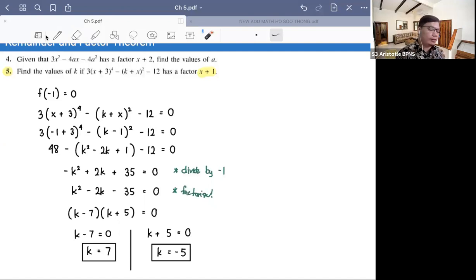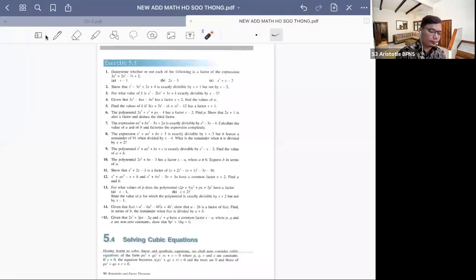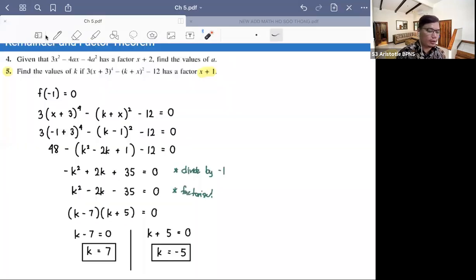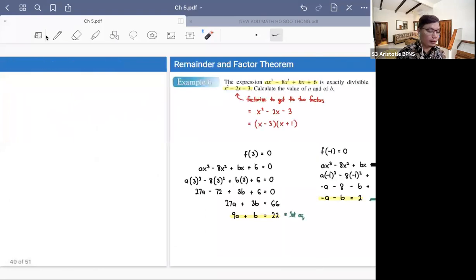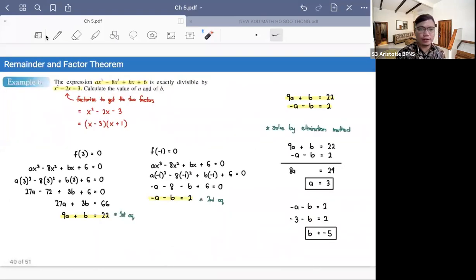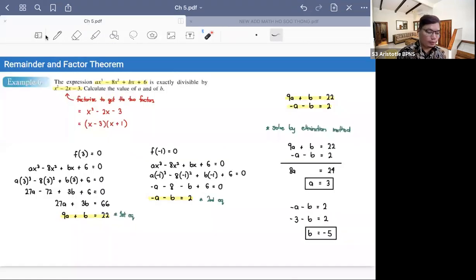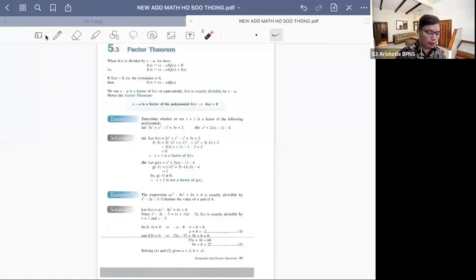Okay, none? All right, now let's go to my last example for today, and it is this one. I'm going to explain this example. All right, so example number 6. This one came from the book on page 89. So please listen, because the book didn't explain much of the workings.